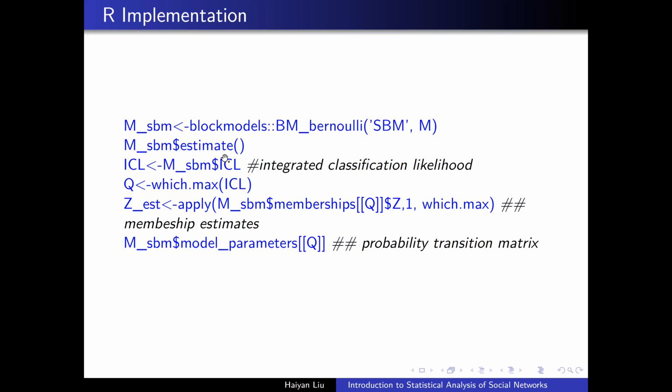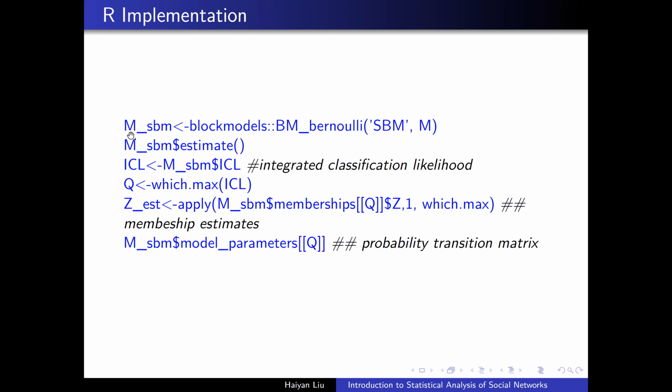Now, how do we fit this model? We can use the R package blockmodels and the function BM_Bernoulli because we consider binary relationships. Then we save the fitted model into an object, and we can extract all of the estimates, including the pi estimate and the likelihood, as well as the predicted membership, into a new object.